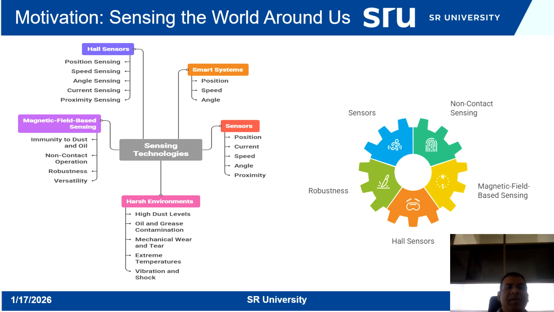Hall sensor as a key enabling technology. Hall sensors are the type of magnetic sensor that utilizes the Hall effect to measure the strength of a magnetic field. The Hall effect is a phenomenon in which a voltage is produced across a conductor when a magnetic field is applied perpendicularly to the direction of current flow.